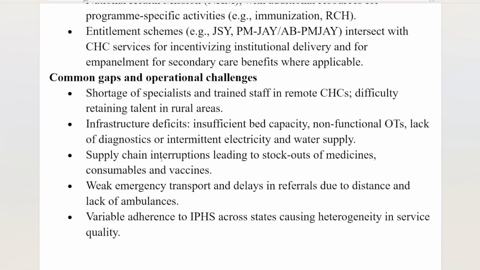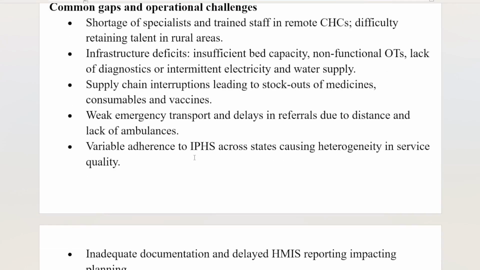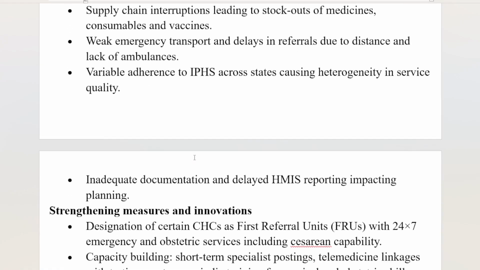But still, there are common gaps and operational challenges because India is a very vast country. There is shortage of trained staff, infrastructure deficits, supply chain interruptions, weak emergency transport, and weak adherence to IPHS standards across the states.